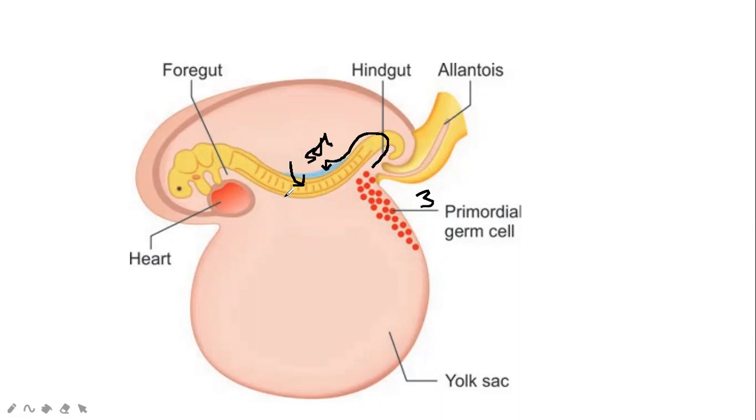That means the gonads cannot be differentiated into either the male gonad or the female gonad, so they wait for these primordial germ cells. So we say from the epiblast to the wall of the yolk sac, from the wall of the yolk sac to the gonadal ridges.